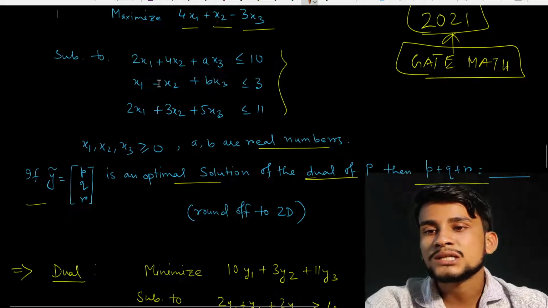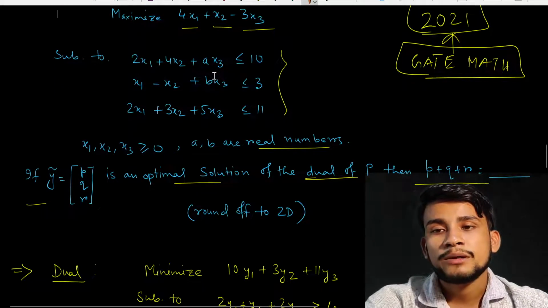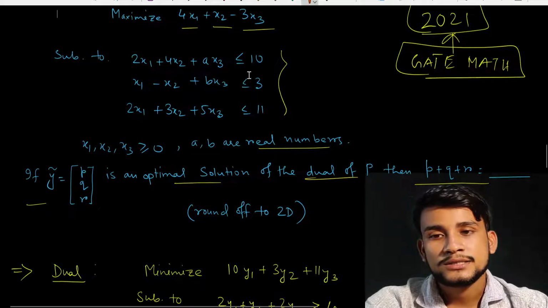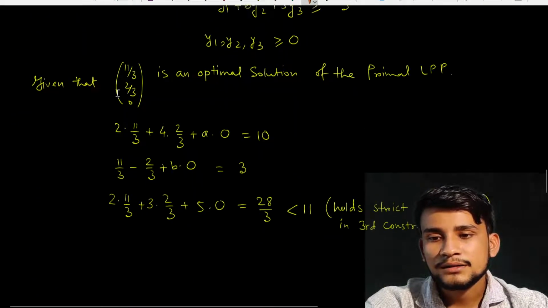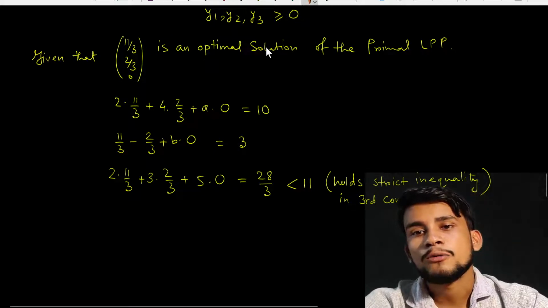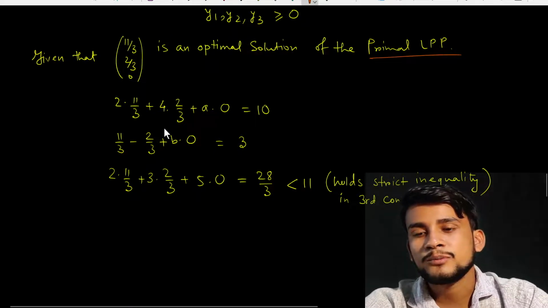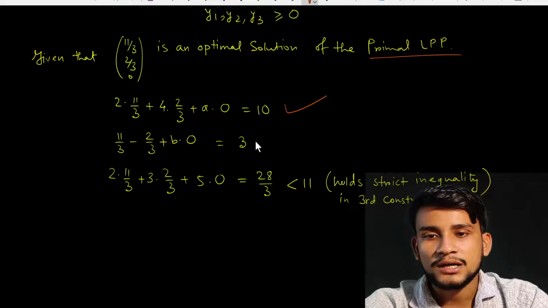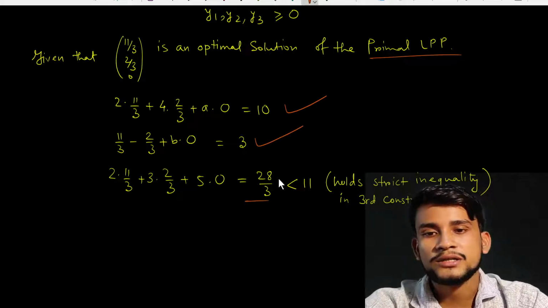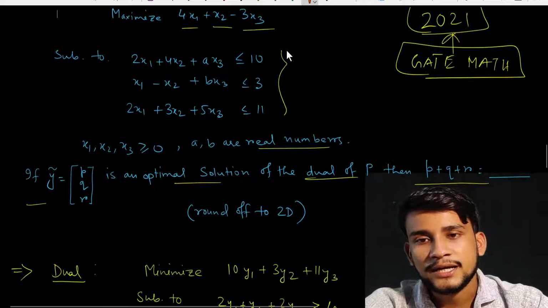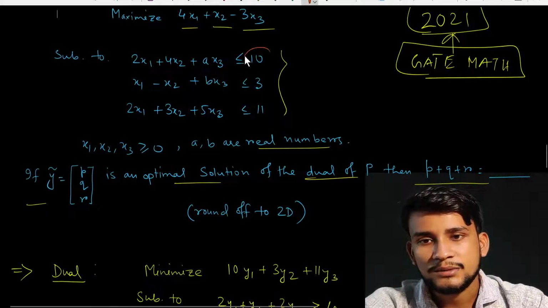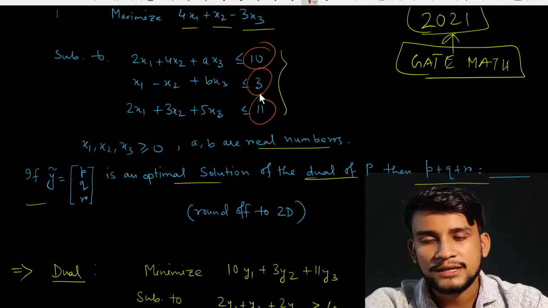So we put the optimal solution 11/3, 2/3 and 0 into this set of constraints. If we put the values, this is 10, this is 3, and this is 28/3. And see here, this is given as 10, this is given as 3, and this is given as 11.